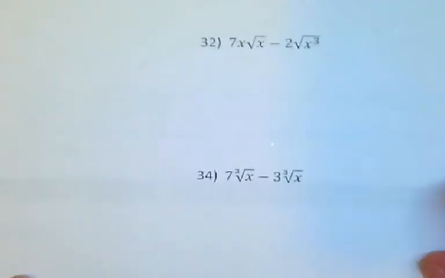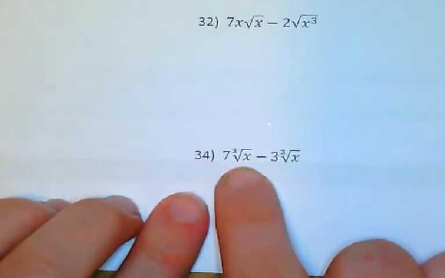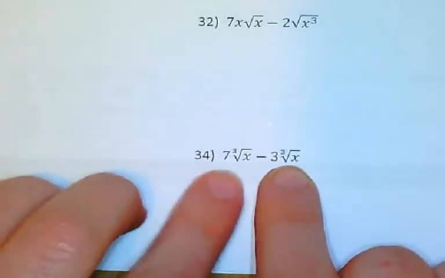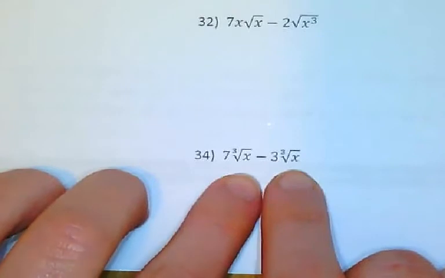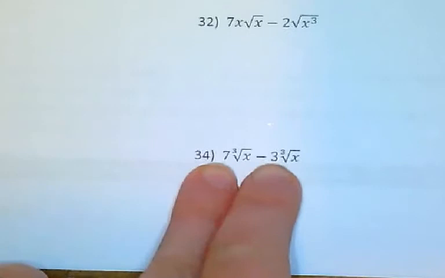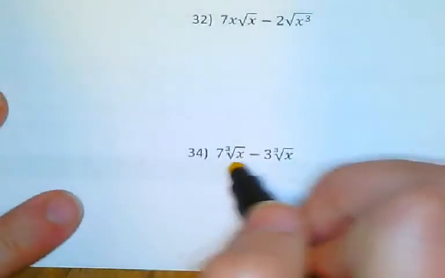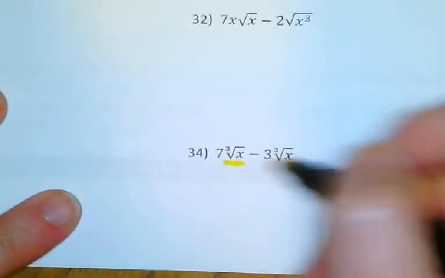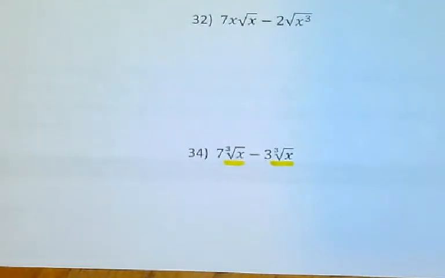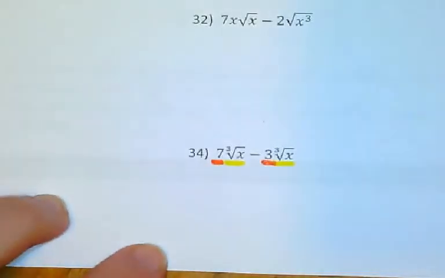So same thing when we're adding or subtracting radical expressions, we need to have like terms in order to add or subtract. So for number 34 here, we have 7 and the cubed root of x. We have 3 and the cubed root of x. These are like terms, so we can subtract this. And when we subtract, all we're doing is subtracting the coefficient in front. Because these guys are like terms, all we need to do is take this 7 minus this 3.